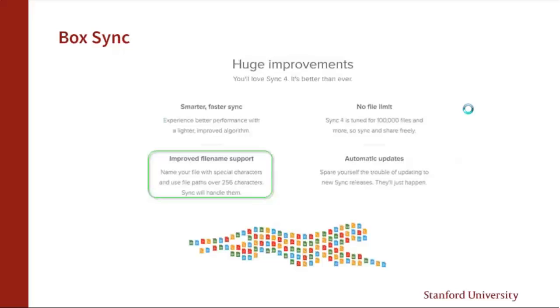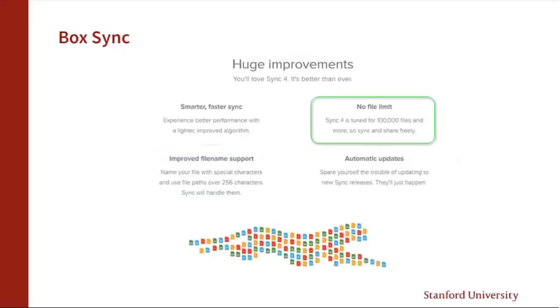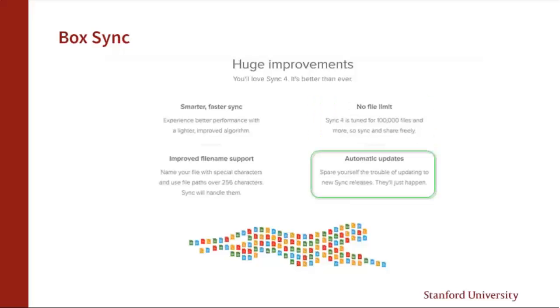This new version can handle that. Okay. And you can have 100,000 plus files on there. There's no problem. You can put a lot of files in it. And then Box Sync itself is going to update. You don't have to download anything and install it, it just updates by itself.